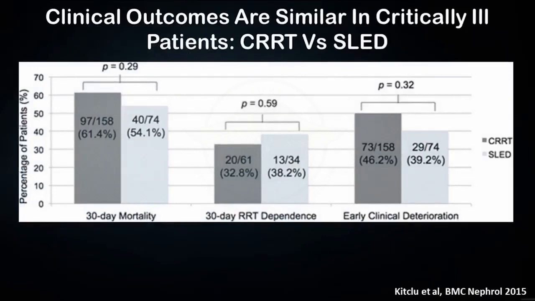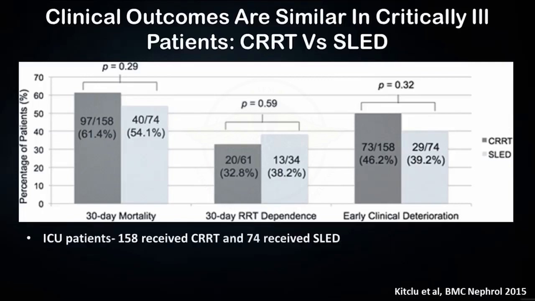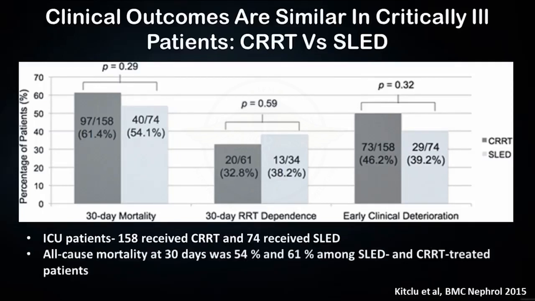Now, CRRT is more expensive, SLED is more readily available. In the study comparing 158 patients who received CRRT with 74 patients receiving SLED, the all-cause mortality at 30 days was similar in both the groups, suggesting that both CRRT and SLED are equally useful in treating these patients.